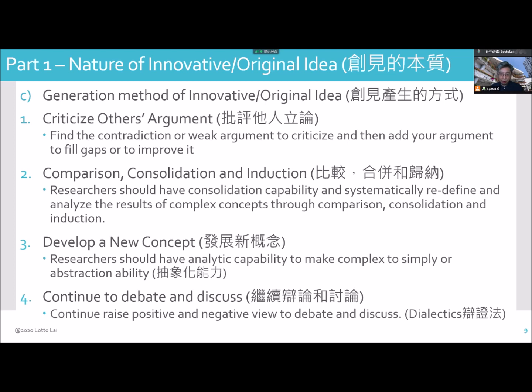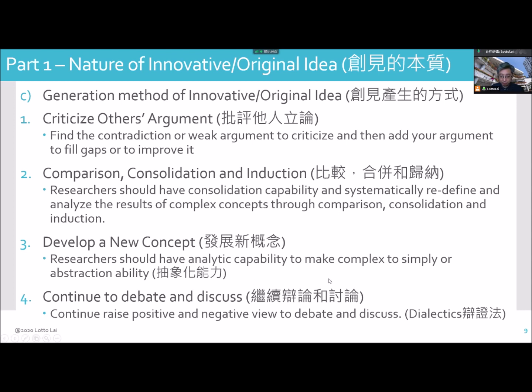Researchers should have the consolidation capability and systematically redefine and analyze the results of complex concepts through comparison, consolidation, and induction. The third one is to develop a new idea. Researchers should have the analytical capability to make the complex simple, with simplifying and abstracting ability.